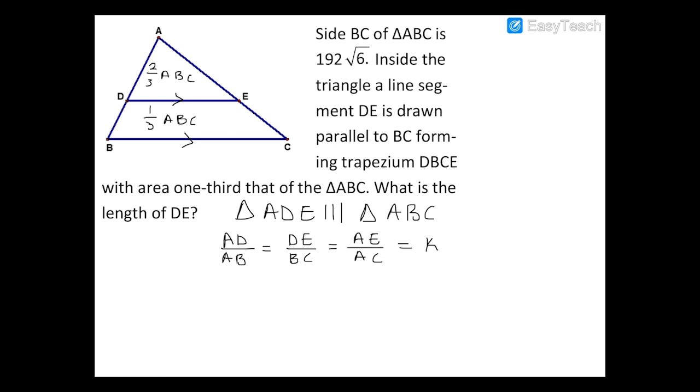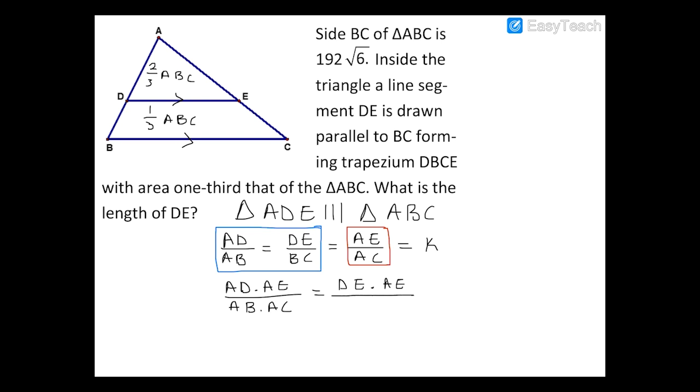Now, just to show you something, I'm just going to take this blue part here and multiply both sides by K. Multiplying both sides by K, I'll use this as K because that's also equal to K. Now we get AD multiplied by AE divided by AB multiplied by AC, which is equal to DE multiplied by AE divided by BC multiplied by AC.